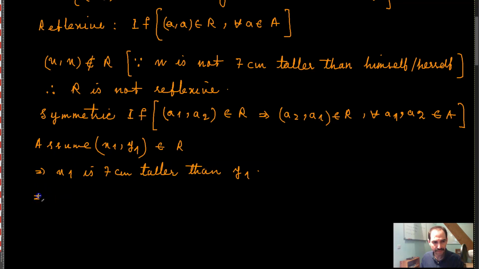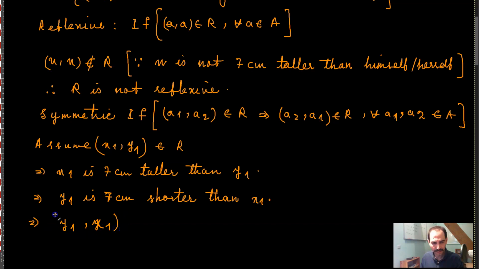That means that y1 is 7 centimeters shorter than x1, which means that (y1, x1) does not belong to R, which means that R is not symmetric.